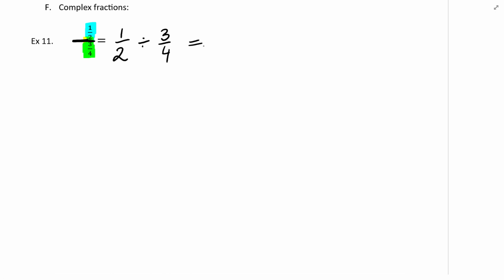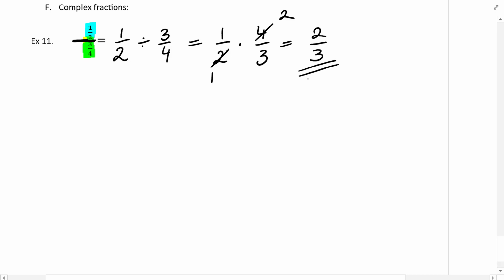So if we use this line as a division, then we have 1/2 times 4 over 3. Now 4 divided by 2 is 2. So when we multiply across, we get 2 over 3, final answer. So complex fractions can be changed by doing numerator divided by denominator, and it becomes a simple division problem between two fractions.